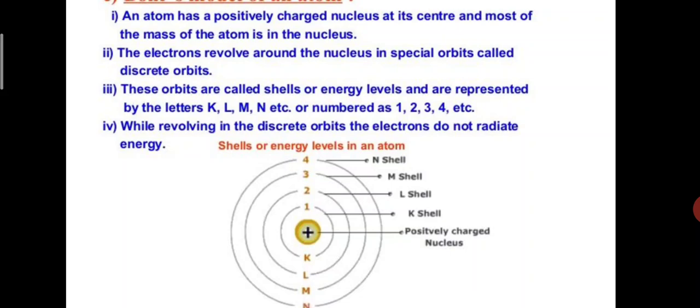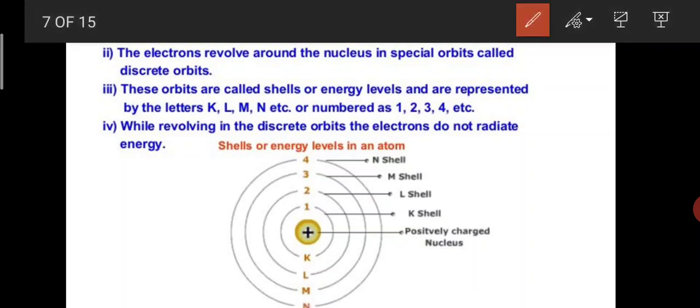The energy of the K shell is least, while those of the L, M, N and O shells increase progressively.